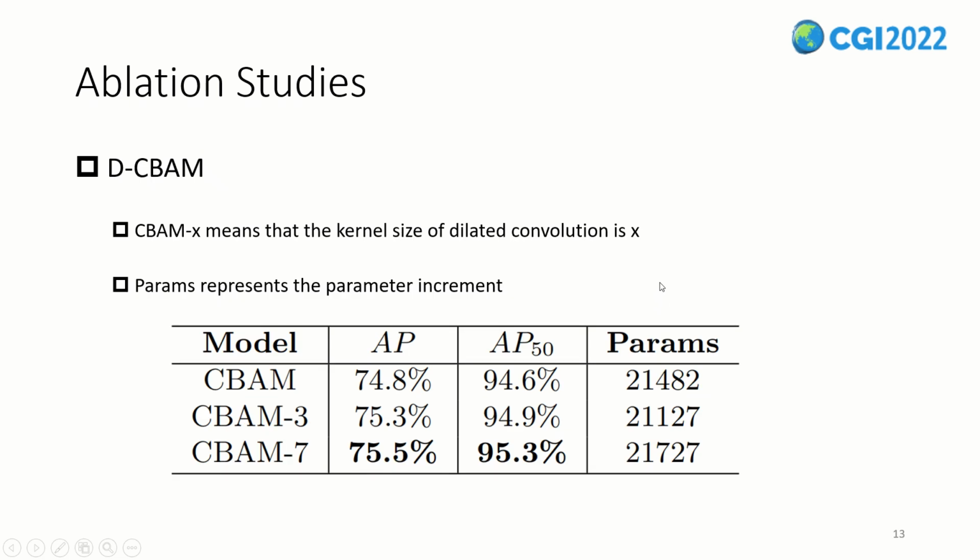Moreover, we also use concatenated dilated convolution to replace the standard convolution of the spatial attention module in CBAM. The kernel size of dilated convolution is set to 3 or 7. Performance of CBAM versus improved CBAM on the test set is shown in the table.